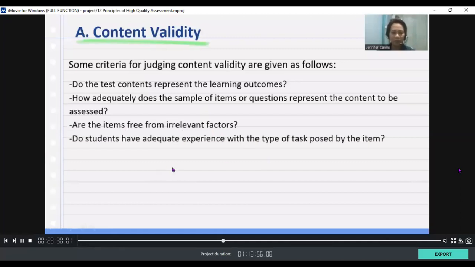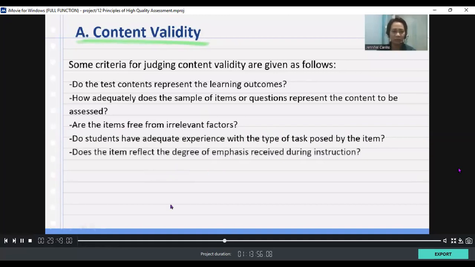The students have adequate experience with the type of task posed by the item. So you need to make sure na ang imong gi-question diha, nahibaw-an na nila or imo na nadiscuss. Okay, if wala nimo na-discuss, then don't include it in the test.